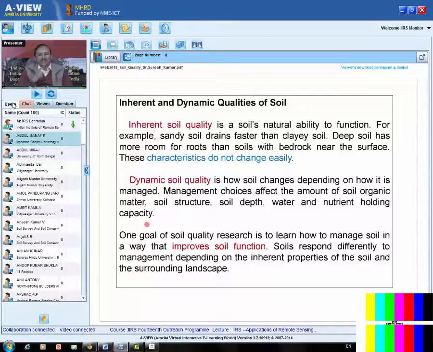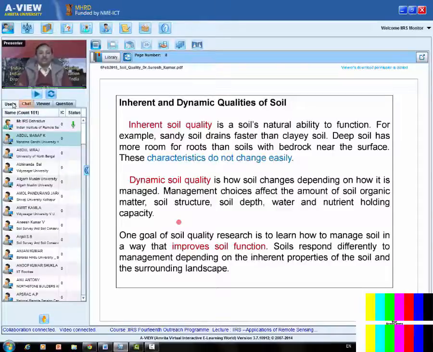When I want to study how soil quality is affected by land use, suppose you have continuous plantation or continuous agriculture, or you take rice-wheat, or another crop, maize-wheat, or a leguminous crop and then a grain crop in combination, then how does the soil quality change?